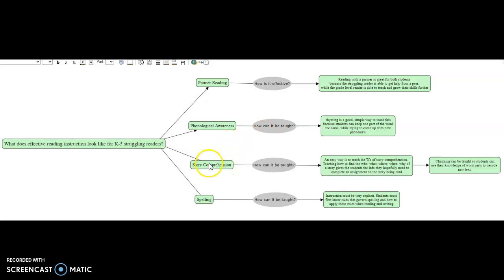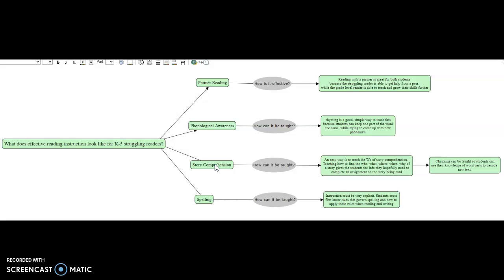The second thing I thought of was story comprehension. I think a main idea, obviously if you're reading and you want the instruction to be effective, you need to teach the students how to comprehend what they're reading. And I thought, how could it be taught?